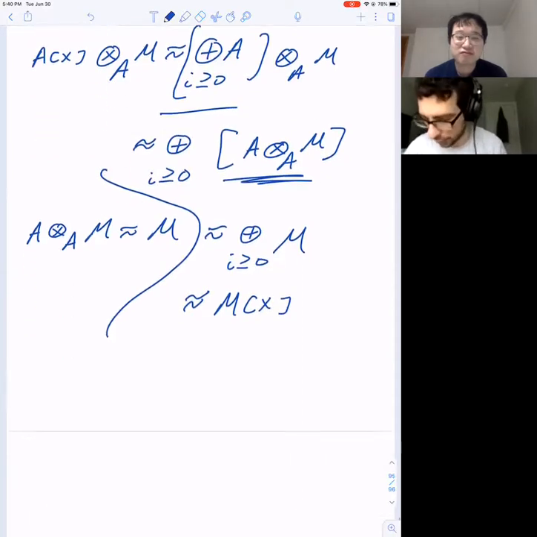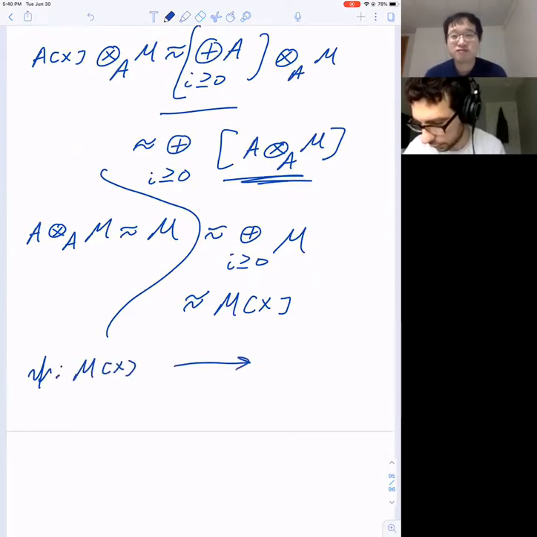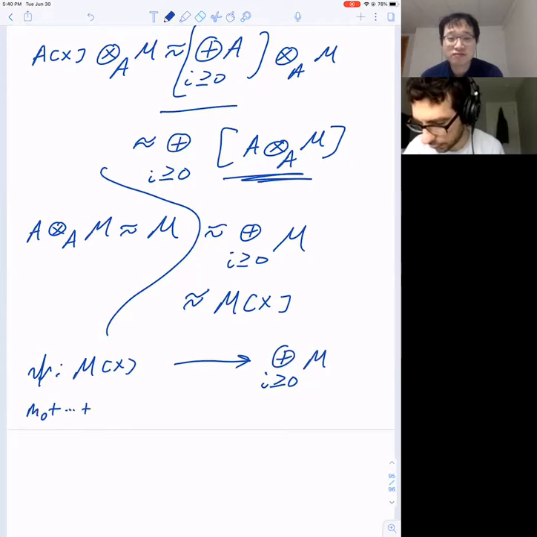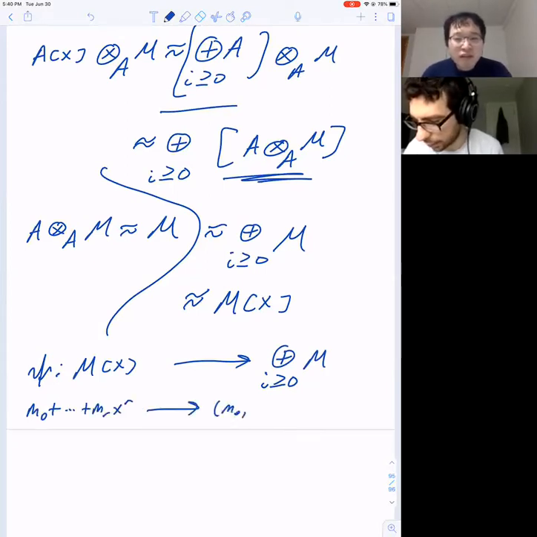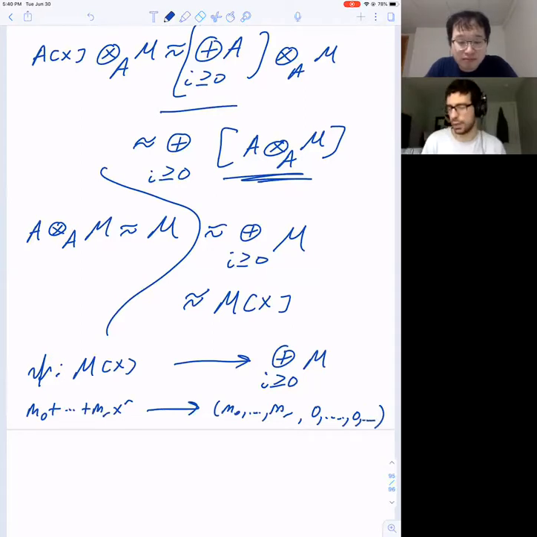Like the map is M naught, M R, to R, just M naught, M R, 0, 0, forever. It's the same map, but you can also see it this way, the steps we did over here.